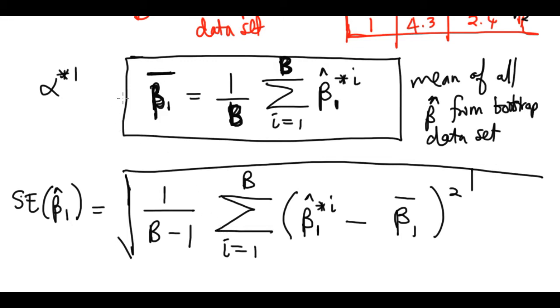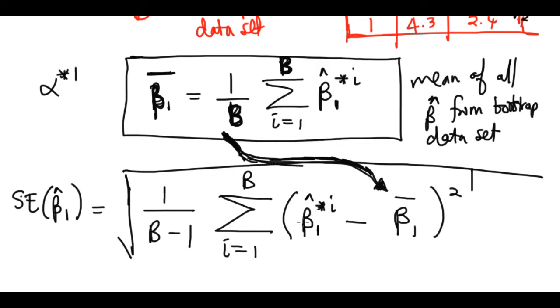So we get this big estimator here, and we put it there. The ultimate estimator, the mean of the estimates from the bootstrapped samples, we put it there, and then we just subtract that.